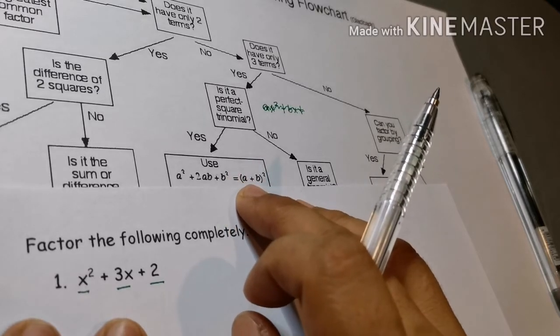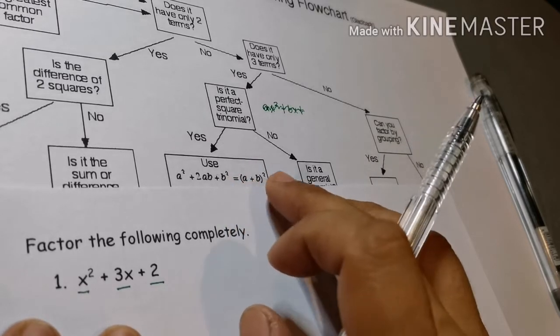It can be factored as a plus b quantity squared.